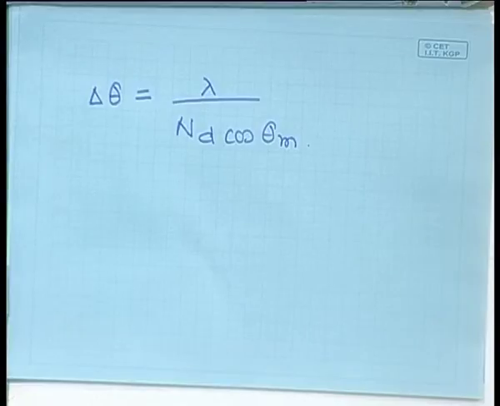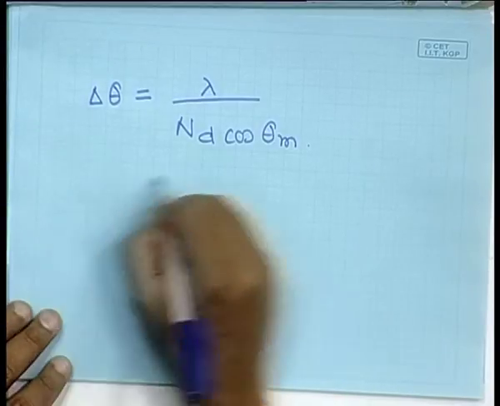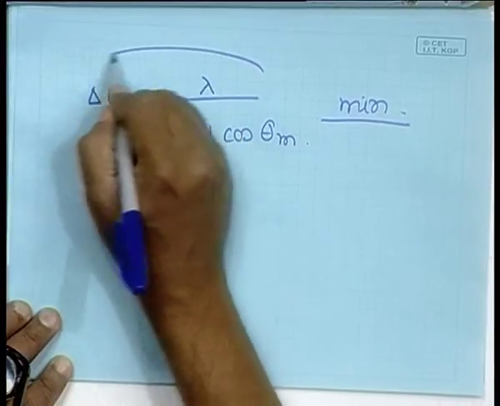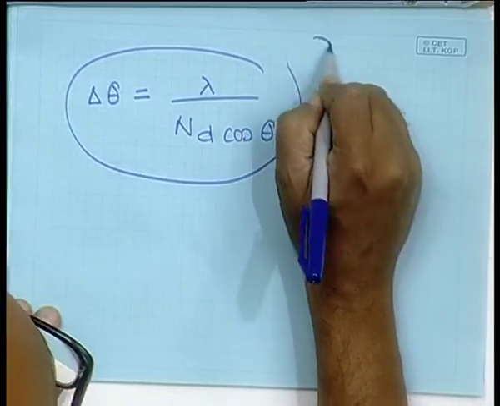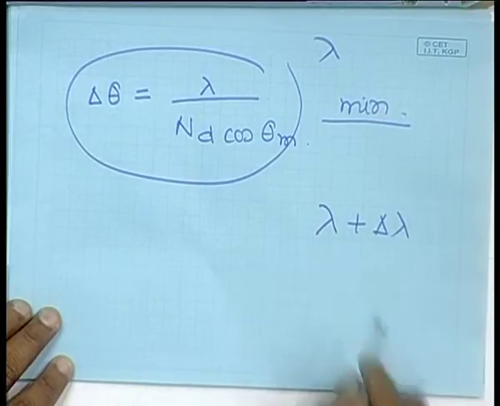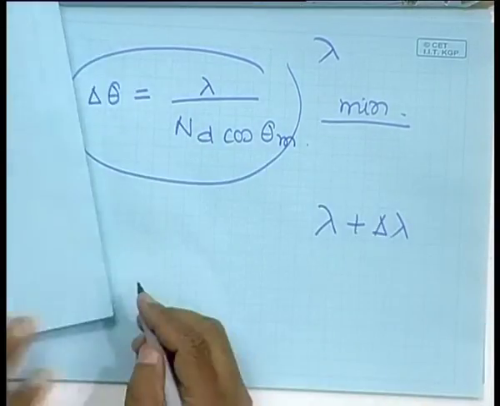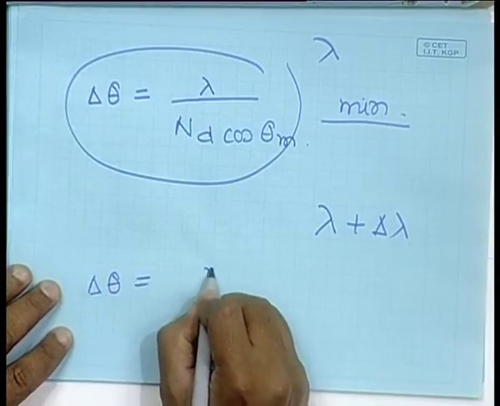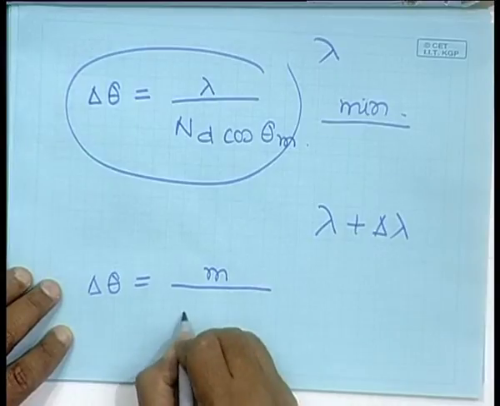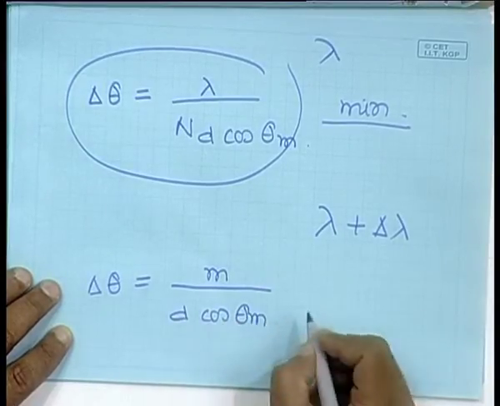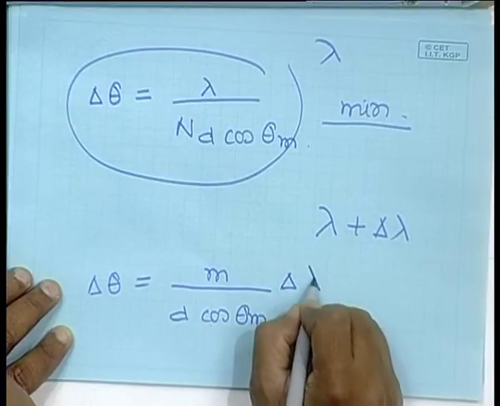So, this is where the minimum will occur. This is the minima of the wavelength lambda, and the maxima of the wavelength lambda plus delta lambda is going to be at delta theta equal to m divided by d cos theta m into delta lambda.